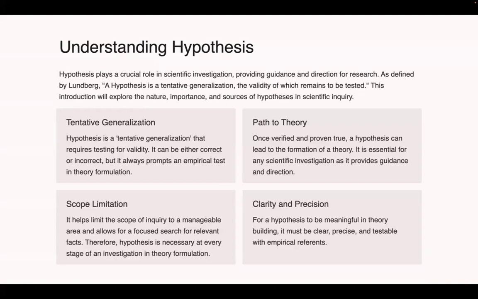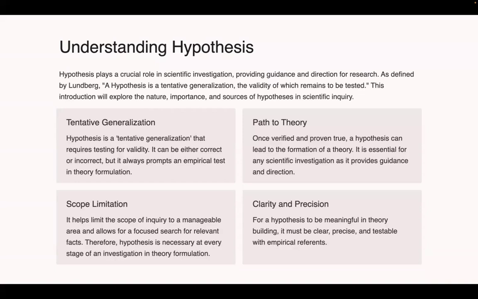So you will have a tentative generalization in which you will write that more poverty leads to more illiteracy. Now this generalized statement will be tested through sociological research. Either it will be proven right or it will be proven wrong. If it is proven right, then it will become part of theory formulation. Otherwise, the contradictory will become part of theory formulation.